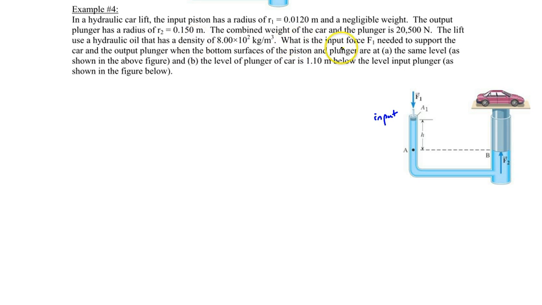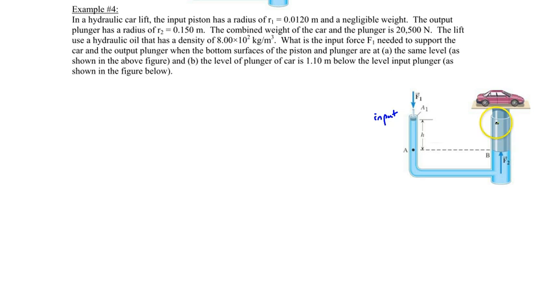The combined weight of the car and the plunger on this side is 20,500 newtons. The density of the fluid is given as 800 kilograms per meter cubed, and we're asked to find the force F1 needed to support the car and the output plunger when the bottom surfaces of the piston and the plunger are at the same level.